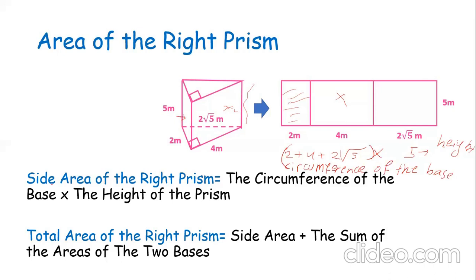And we have written this here clearly: side area of the right prism is equal to the circumference of the base, which is this one, multiplied by the height of the prism, which is that one.